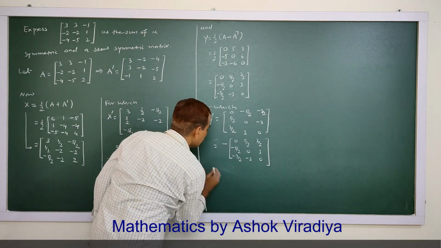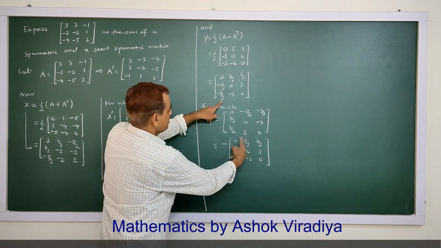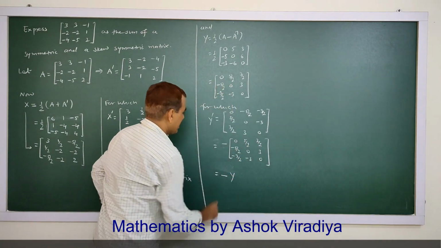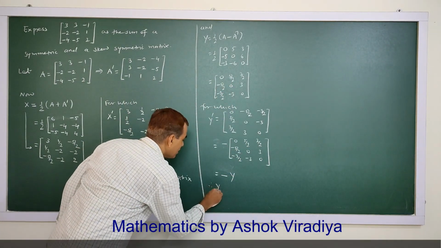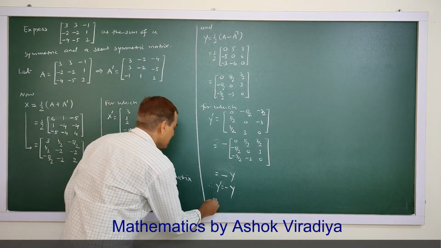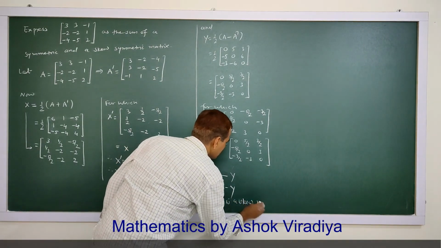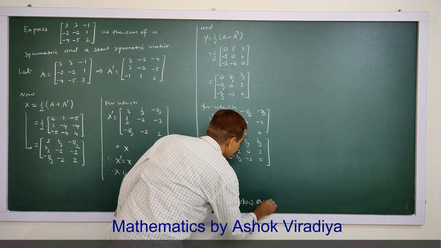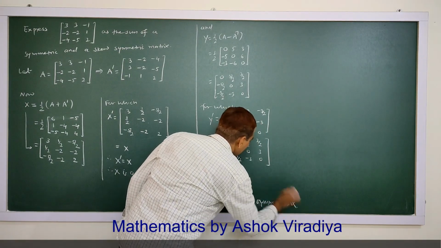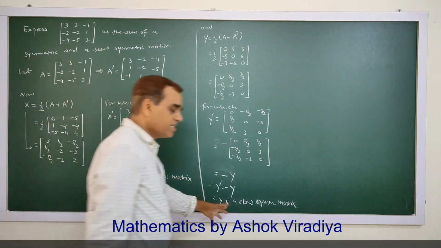And now you can see that this is minus of y. So y dash is equal to minus y. So y is a skew symmetric matrix. So x is symmetric, y is skew symmetric.